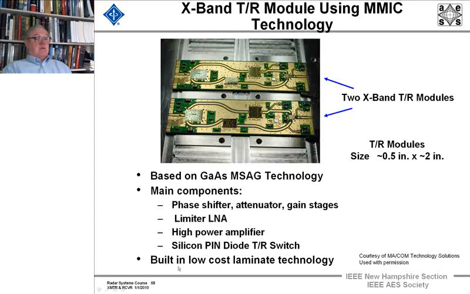And it's built in low-cost laminate technology. You can see the transmission lines down to the different componentry. So there's a huge amount of progress, as you see in the next section, that we've come to with this technology.